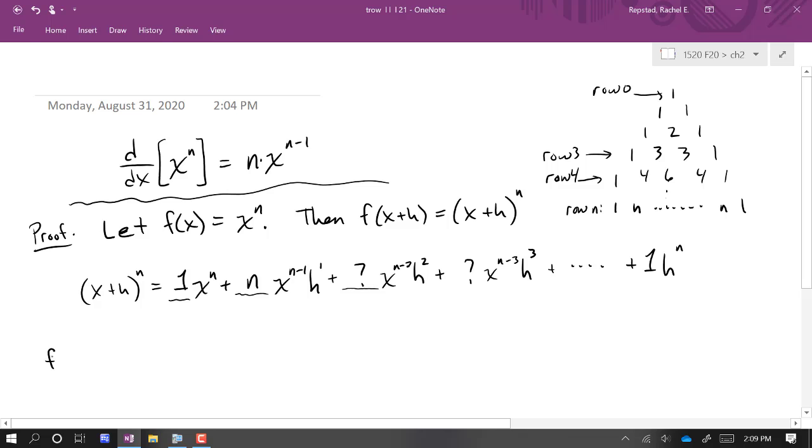So f prime of x is the limit as h approaches 0 of f of x plus h minus f of x, all over h.